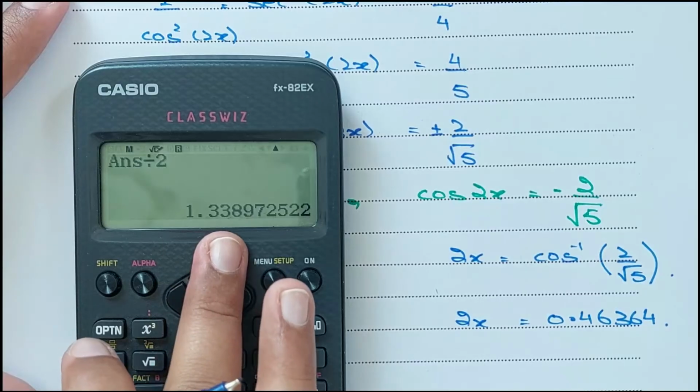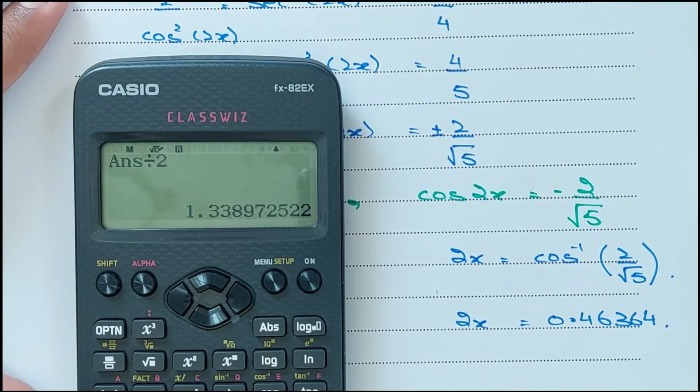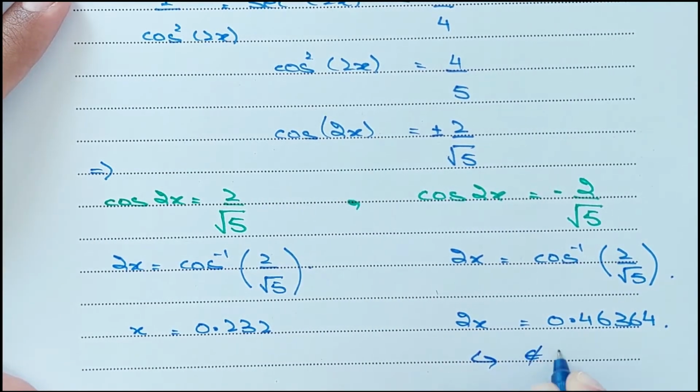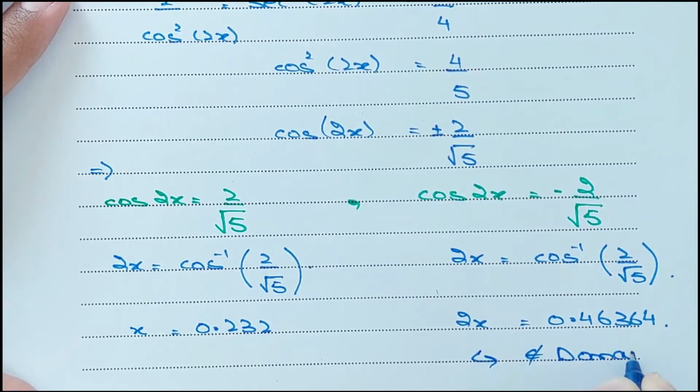This is 1.33, which is not in the given range, 0 to pi by 4. Now let me check for the third quadrant as well. So for the third quadrant, we do pi plus 0.46364 divided by 2. Again, it is 1.80, it is more. So this does not belong to the given domain between 0 to pi by 4. So the first one belongs to the domain.